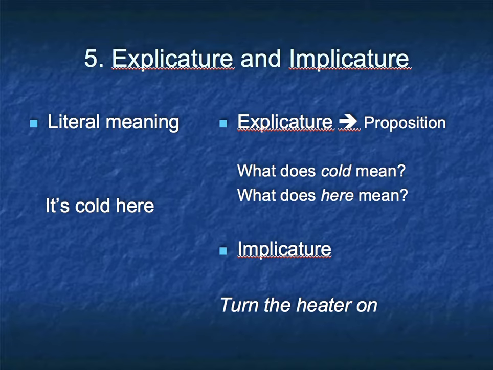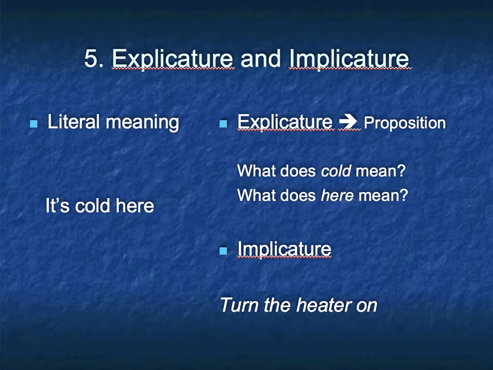So take a particular sentence like, it's cold here. What does here mean? Is it in this part of the room? Is it in the whole room? Is it in Athens? Is it in Ohio? Is it in the United States? Is it in planet Earth? We don't know. We have to work that one out to get to the proposition. And then what does cold mean?